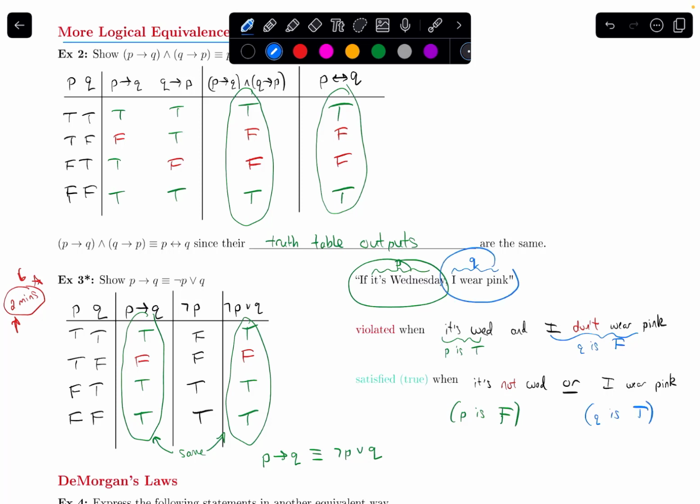Because if I'm doing whatever the conclusion says I need to be doing, then whether it's Wednesday or it's not Wednesday, I'm going to be good no matter what. Okay, and that's precisely what this is saying here. This is saying that my if-then statement should be equivalent to not P, which is what we're saying here, P is false, or Q, which is what we're saying here. So this is kind of like a logical intuition.